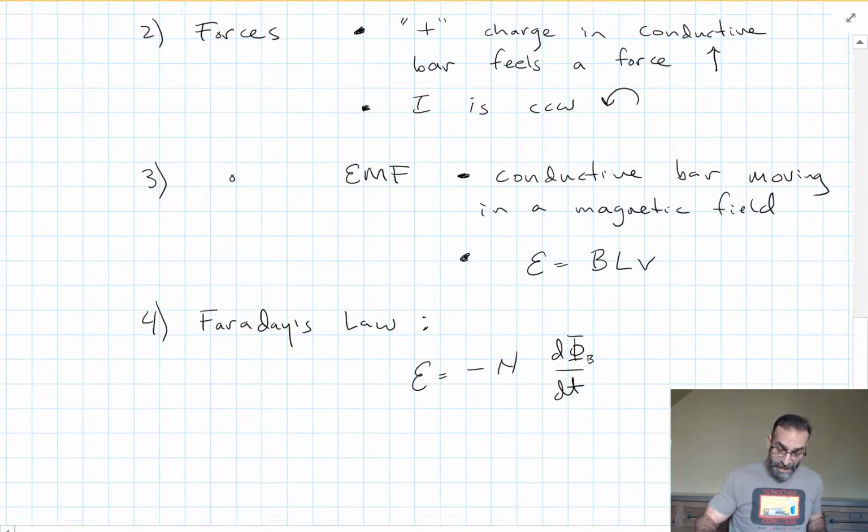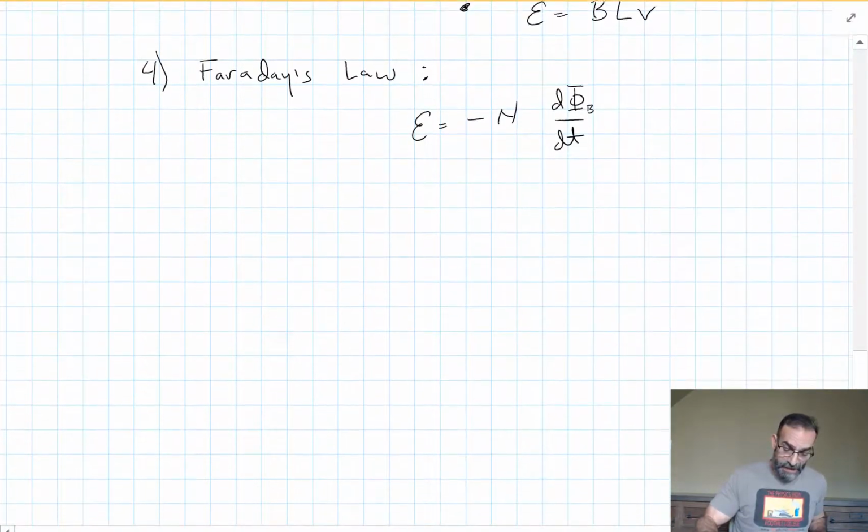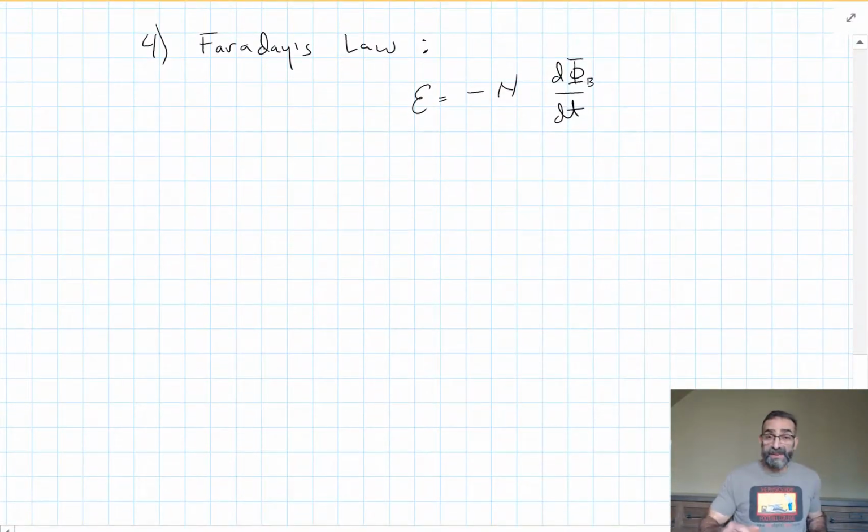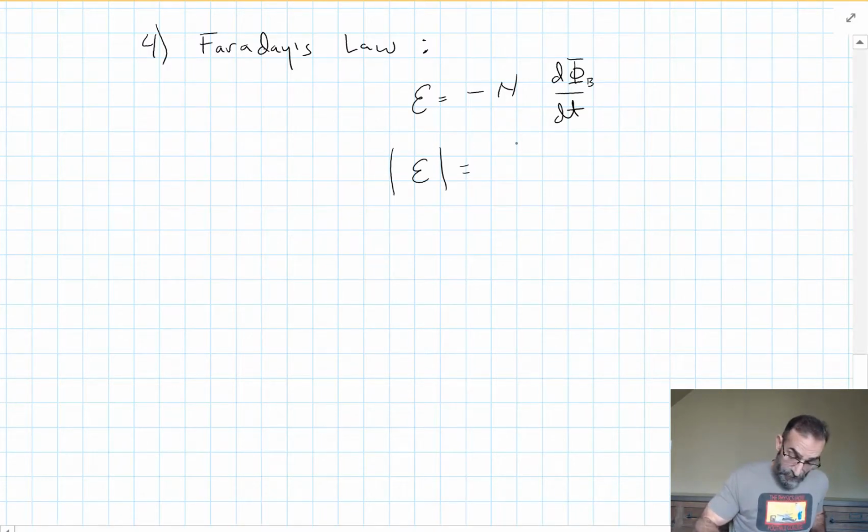So let's take a look at that. Of course, all we care about here is the magnitude. We're just trying to quantify the value of this induced EMF. The direction we got from Lenz's law. Because we just have one turn in this circuit, n is equal to 1.